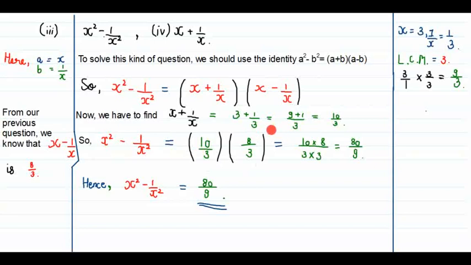So when we multiply both of them, 10 into 8 is equal to 80, and 3 into 3 is equal to 9. So our answer is coming as x square minus 1 by x square is equal to 80 by 9.